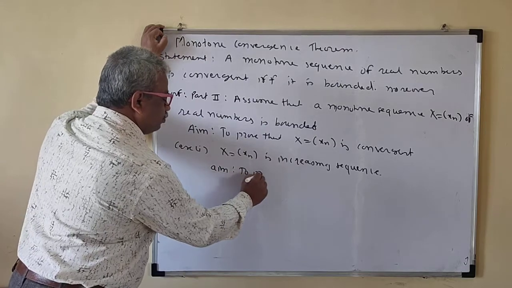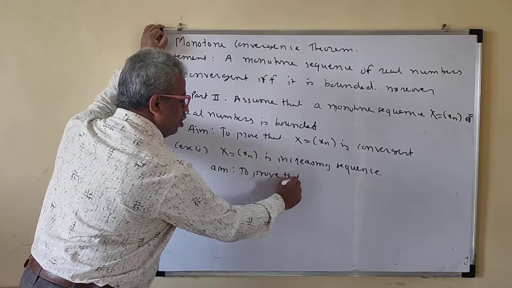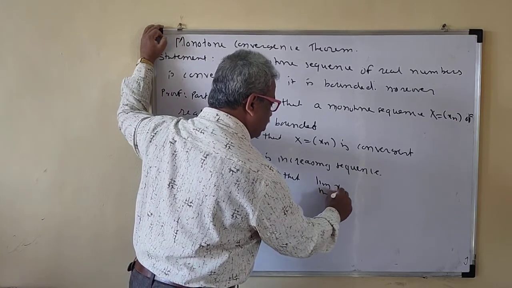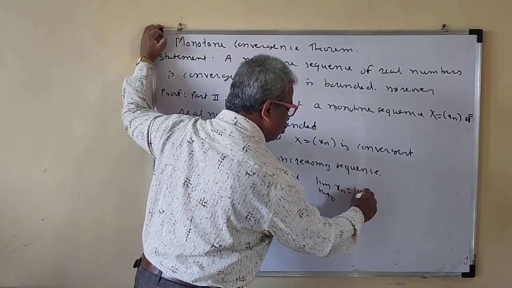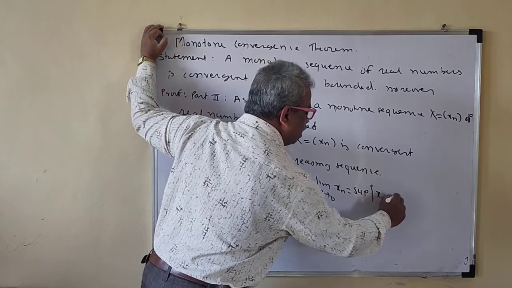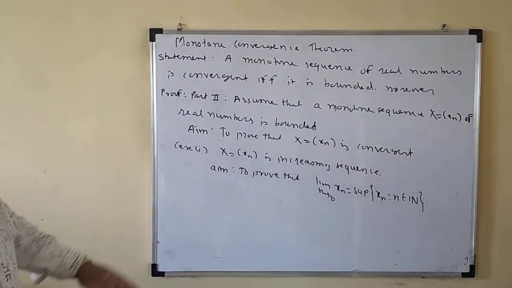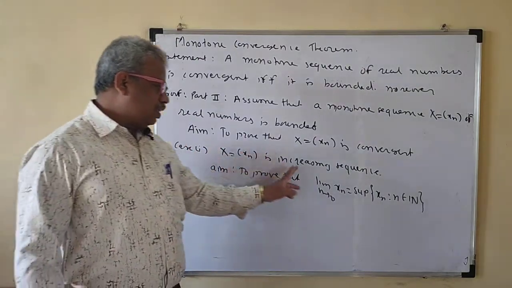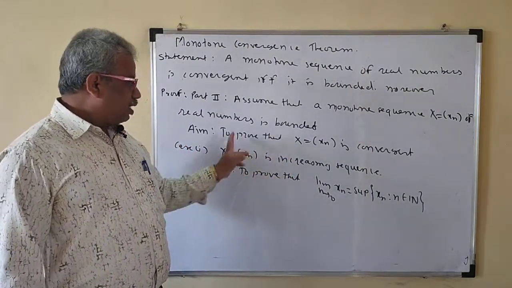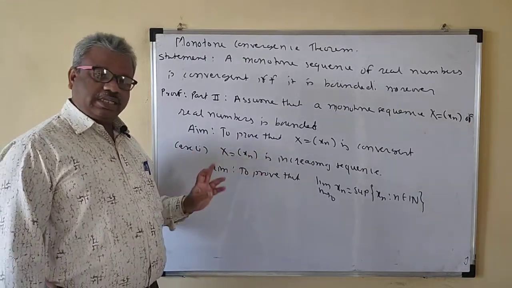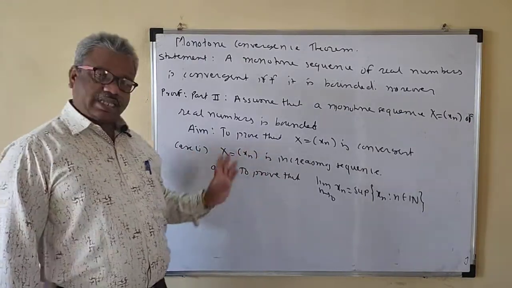To prove that the limit as n tends to infinity of xn is equal to the supremum of xn, n belonging to N. This is our aim. It is monotone, which means it is increasing or decreasing. In case 1 we have taken it as increasing, and in case 2 we will take it as decreasing.